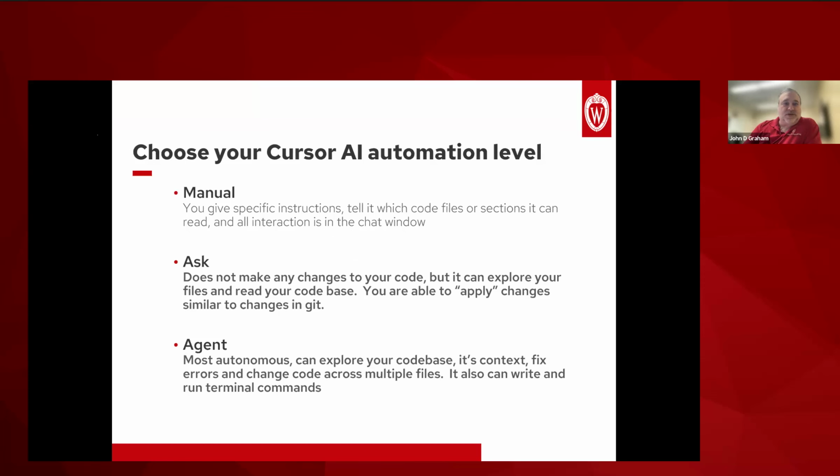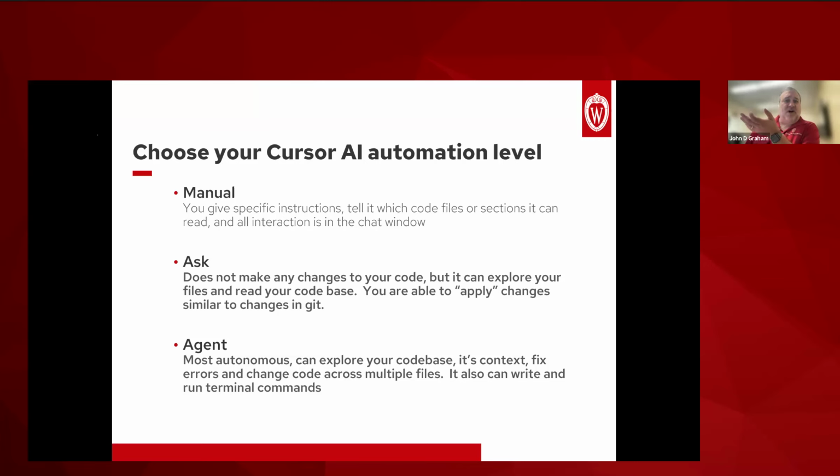For those that aren't familiar, I felt like I needed to reference this. There are three different levels. You have your manual approach, which is what you're familiar with a lot, when you copy and paste in ChatGPT or Gemini, so you're copying and pasting back and forth between your tooling. When you get to the next level where you're using Ask, you're actually working in your IDE, in this case, Visual Studio Code.